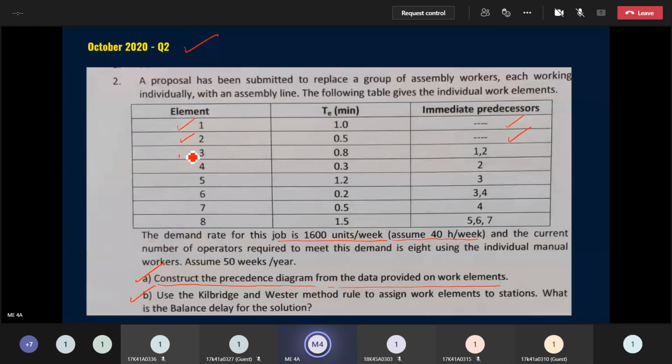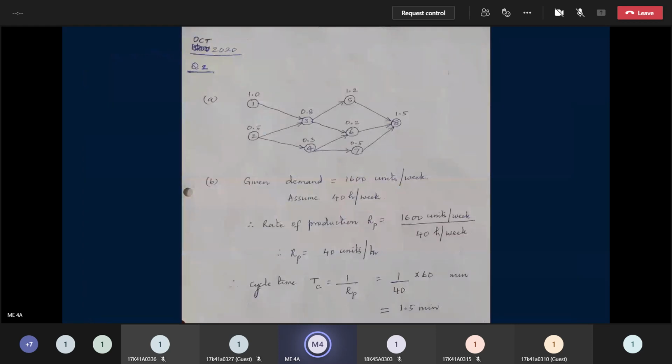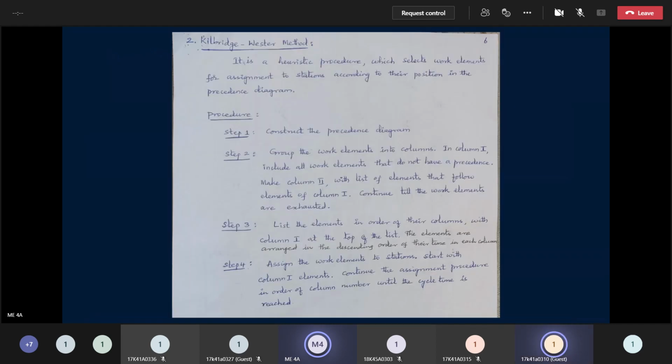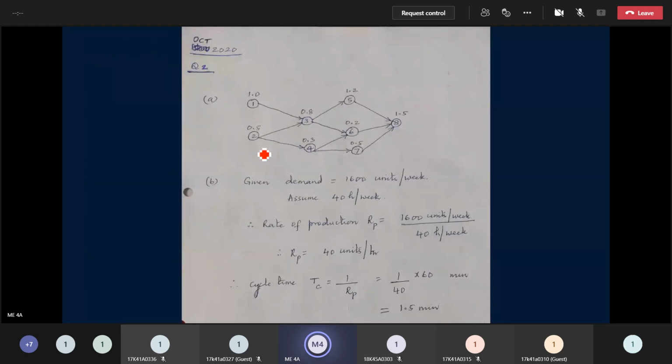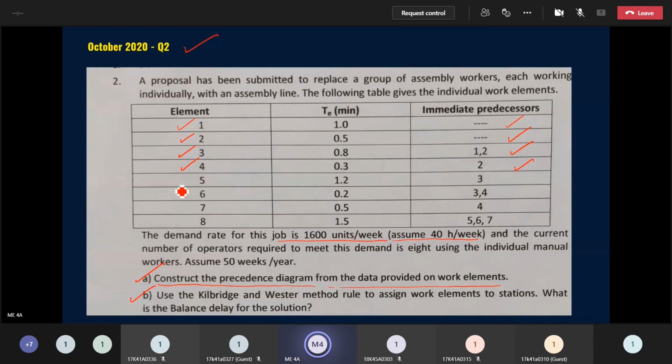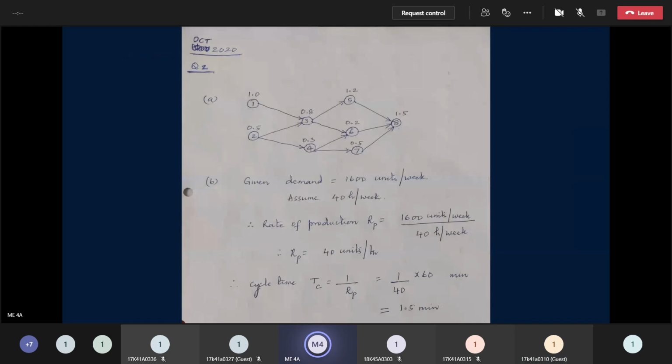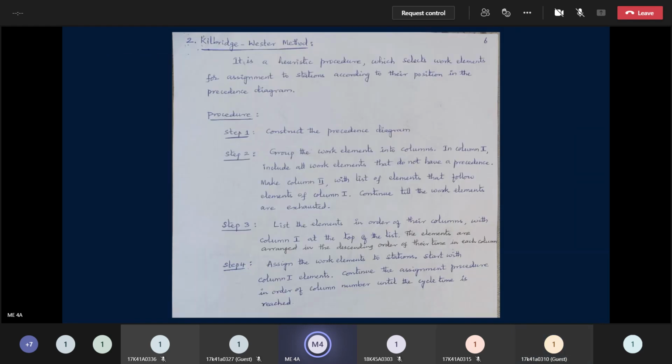Next, for element 3, precedence is 1 and 2. Satisfied? Yes, sir. For element 4, precedence is 2. For element 5, precedence is 3. That is also satisfied.